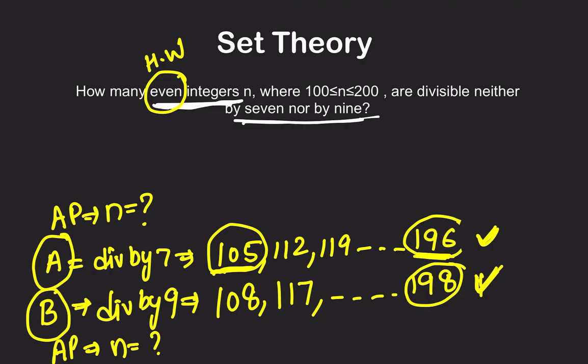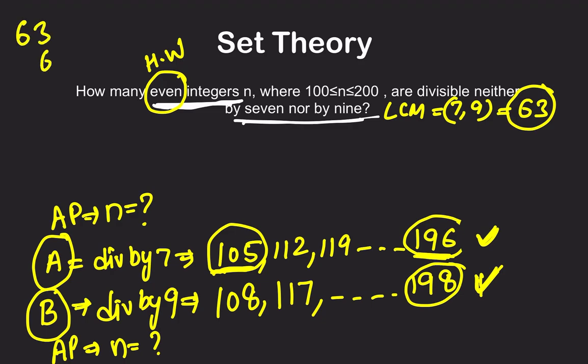How will you find it? You find the LCM of 7 and 9, which is 9 times 7, 63. So 63 is the first number, between 0 and 100, which comes in the table of both 7 and 9. I hope it is clear. After that, 63 into 2, which is 126, will be the next number common to both 7 and 9.